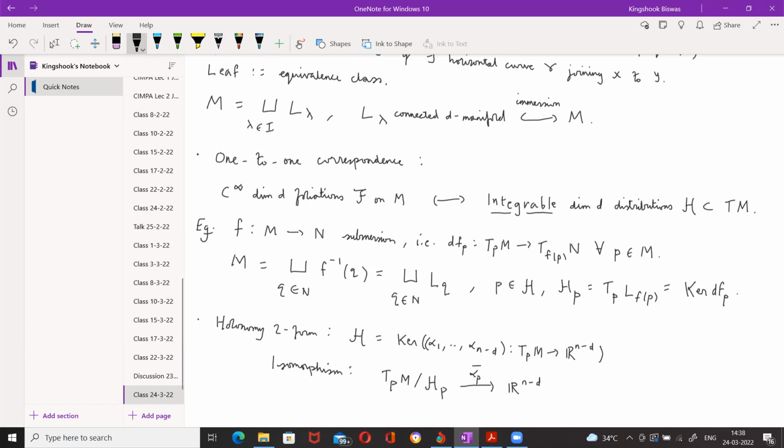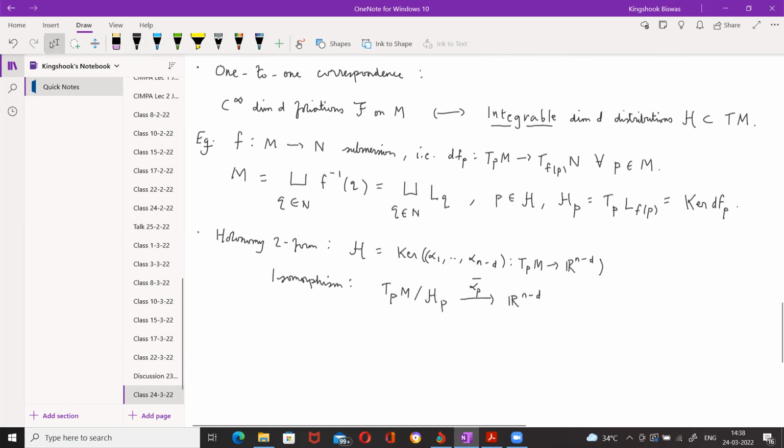So what's the isomorphism? It's just V mod HP maps to alpha 1 of V up to alpha n minus d of V, right? This is a linear algebra point, the first isomorphism theorem. Yes?